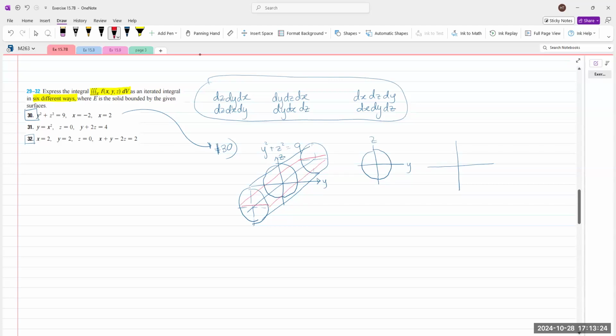It is a rectangle from x equals -2 to x equals 2, and the y comes from -3 to 3.